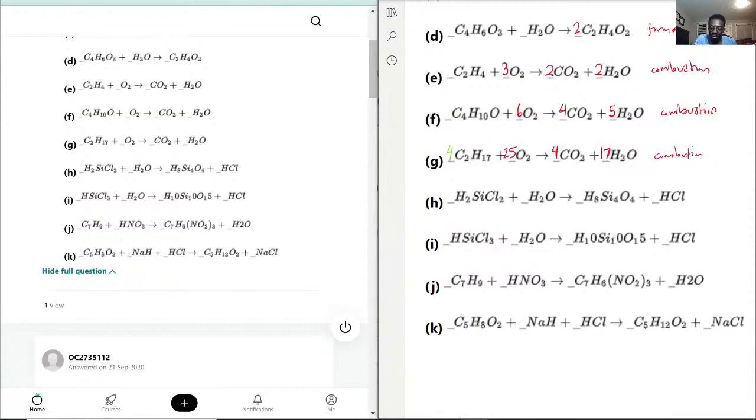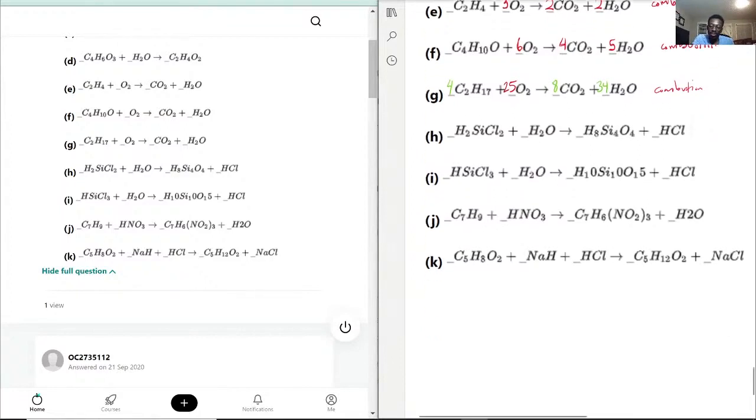And to make sure that we have 50 oxygens, that's what we get. So now we have 16 from here plus 34 from there, and we have 34 H2, which is going to be 34 times 2, which is 17 times 4. So all this makes sense.